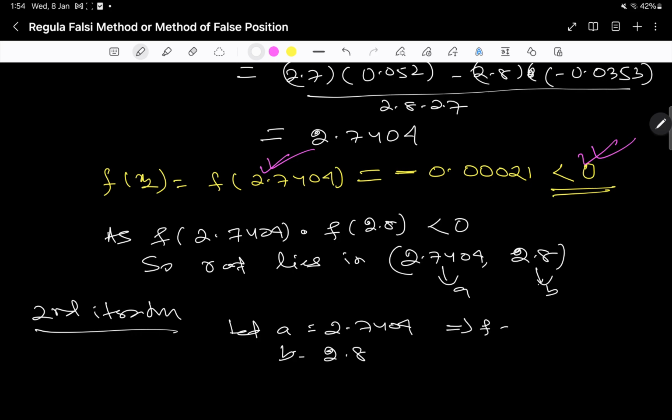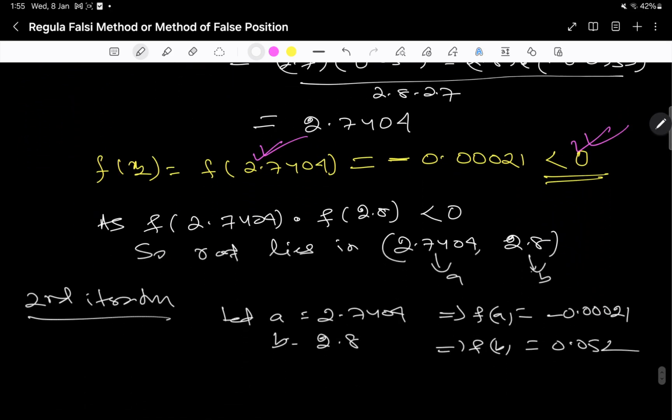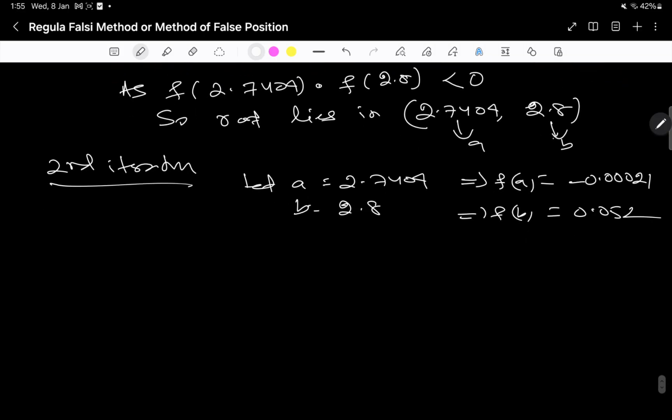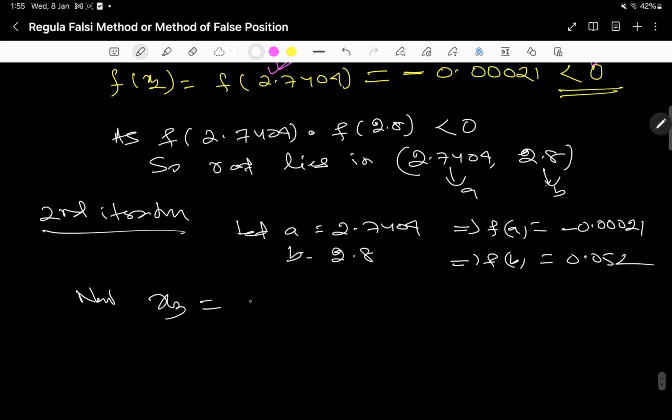So what is my f of a? F of a is minus 0.00021 and my f of b is 0.052, as we have seen here. Now what is my x3? So x3 is equal to afb minus bfa by b minus a.